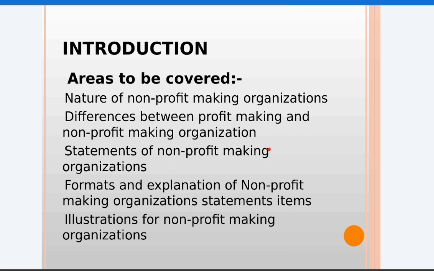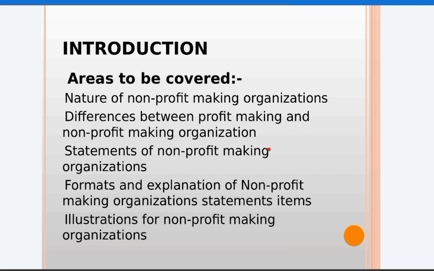Number two, we will be looking at the differences between the non-profit making organizations and the profit making organizations, and especially the kind of accounts that they prepare. So we look at the differences between these two in terms of the financial statements that each prepare, and at the same time, we look at the various items that appear in those financial statements.